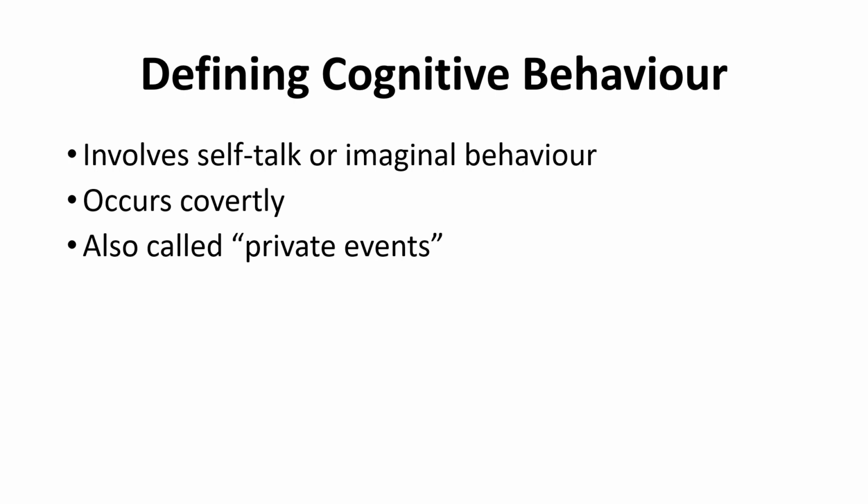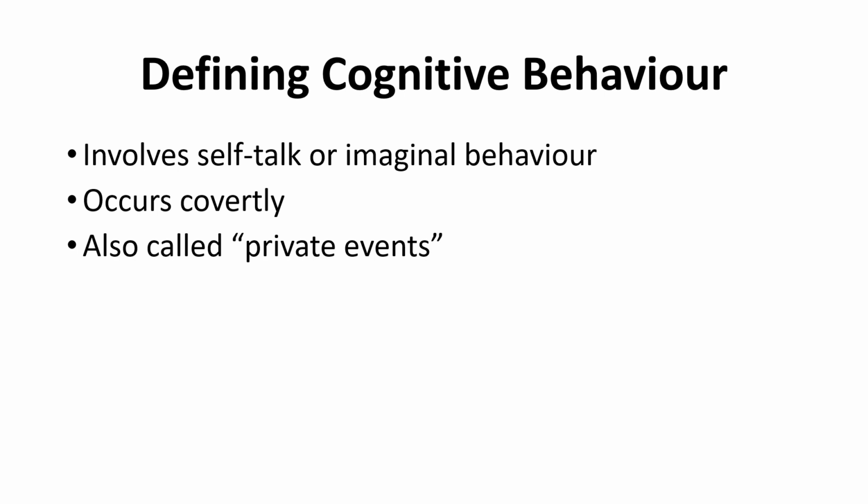Some people only consider overt behaviors to fall under the definition of behavior, and the word cognitive tends to bring in its own bout of contention, where a lot of individuals don't like using that word because it implies thought. So just keep in mind that this definition and this specific usage isn't everyone's cup of tea.